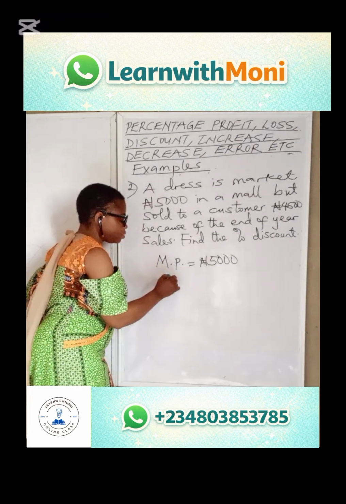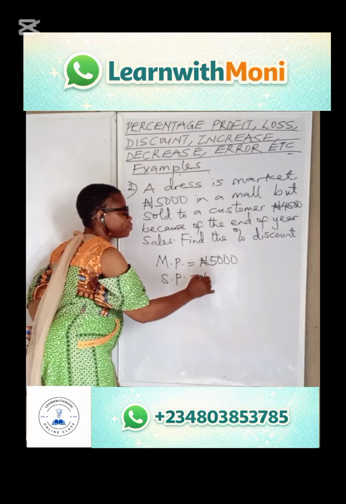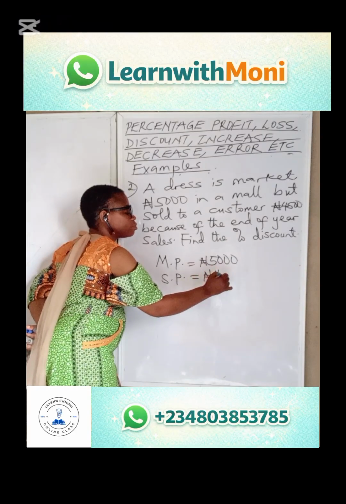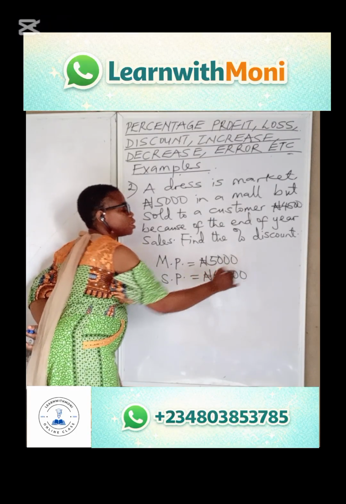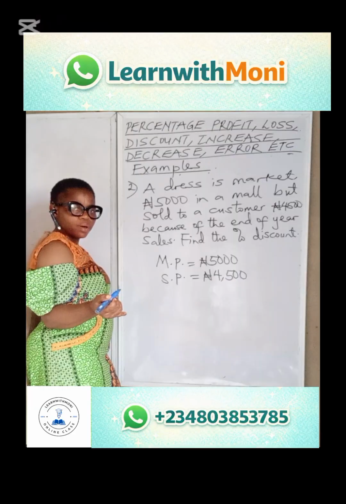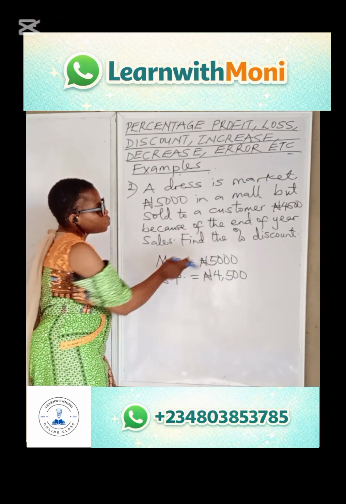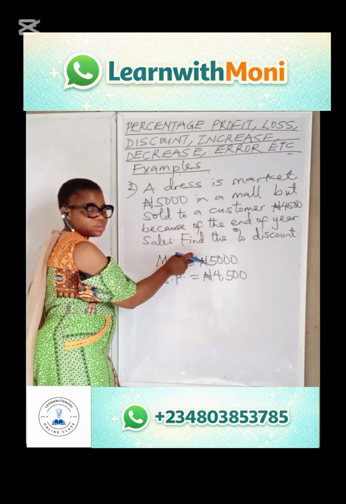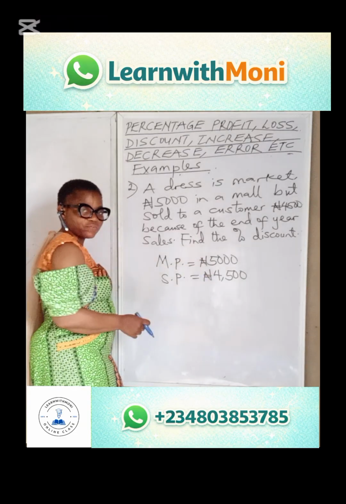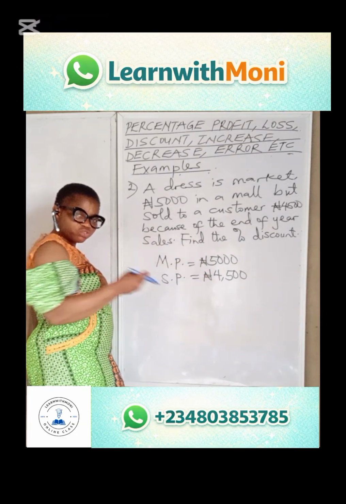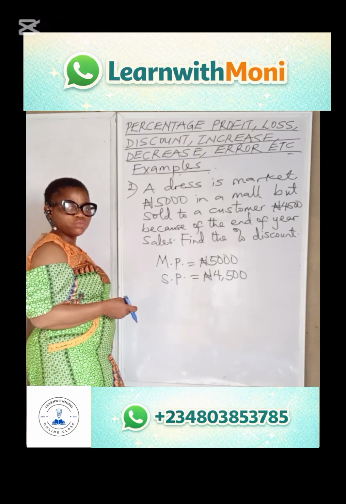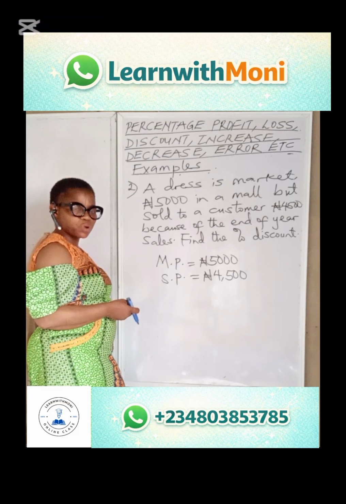That is the selling price. We want to know what is the actual discount given to that customer. If something was marked 5,000 but sold 4,500, that means 500 naira has been removed from the original marked price.